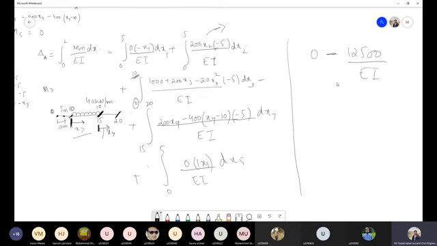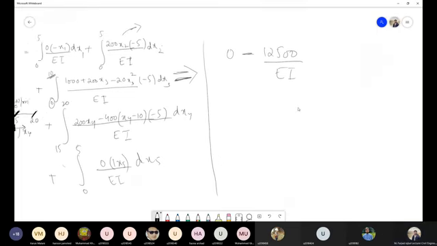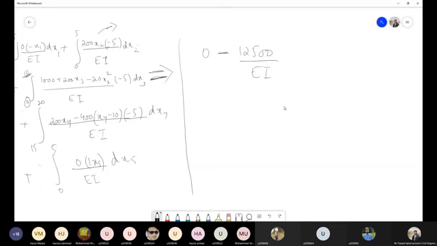What will be this one? Negative 66.7 exponent 3 over EI. 66.7 exponent 3.